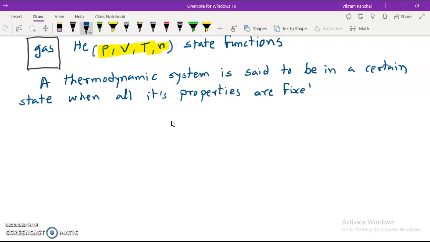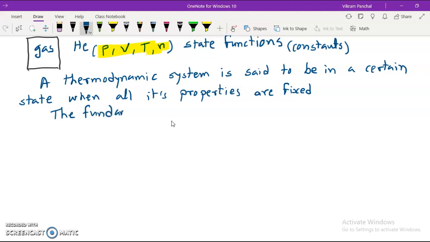That means when we are showing any system with pressure, volume, temperature, and number of moles, these are called state functions. But remember that these all are constant. That means while showing any particular system, we cannot give any change to this pressure, temperature, volume. Okay, so these are called fundamental properties.